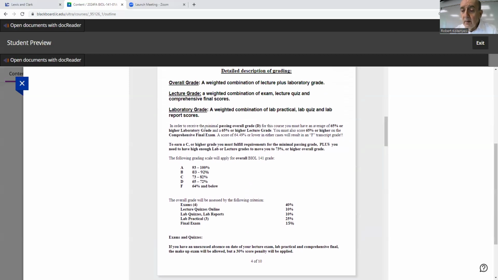So there are minimum requirements for lecture and lab grade that are described here. You are asked to maintain a minimum of 65% performance in lecture and lab grade to avoid failing. Now, why do we treat this lecture and lab grade separately? When you come to the first lab, I'll have a little demonstration there. For lecture grades, the questions will be multiple choice, true or false, matching in nature.